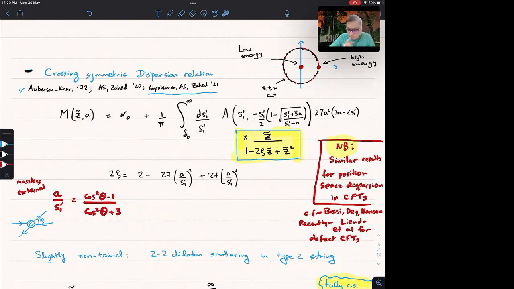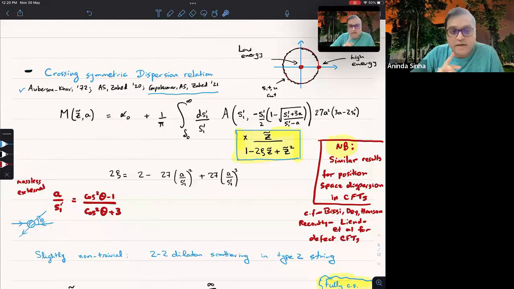So what is the guarantee that this is correct? How are you ensuring that this is correct? Because we are making the same assumption. Whenever you write down a dispersion relation, you're using properties of complex analysis. Once you know that there are no poles in a certain region, you're allowed to deform the contour and wrap the contour around the curve that has branch cuts.